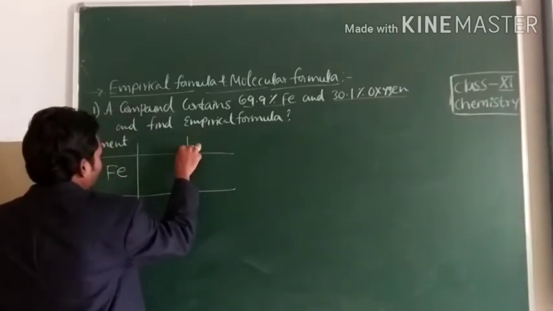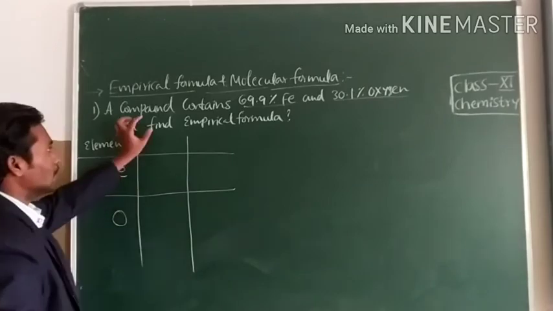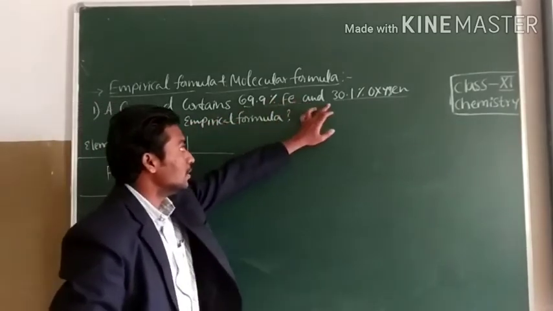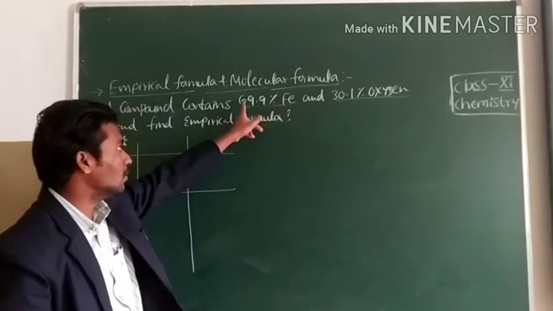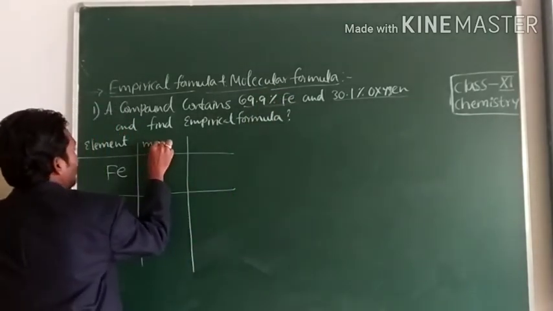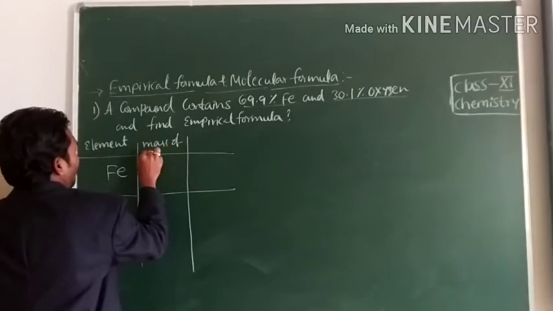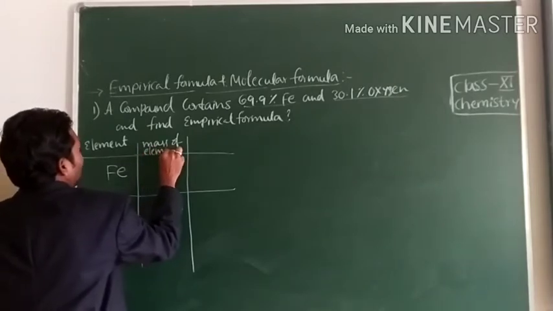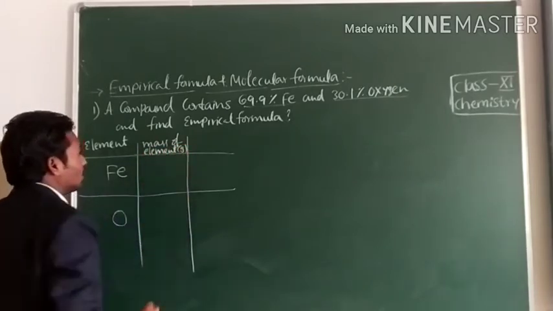Next, the second column. Here they have given percentages. We have to convert percentage into grams, that means mass of element in grams.